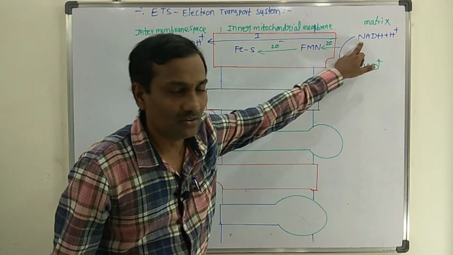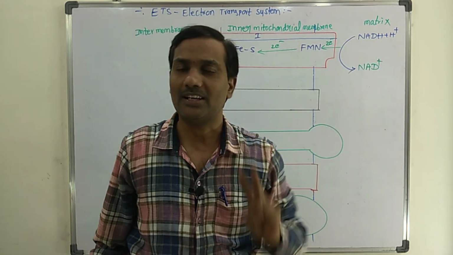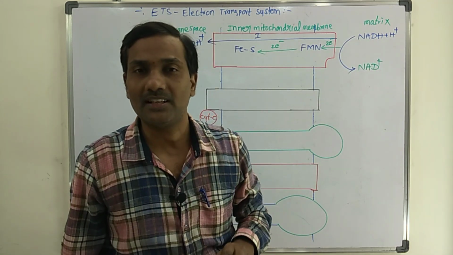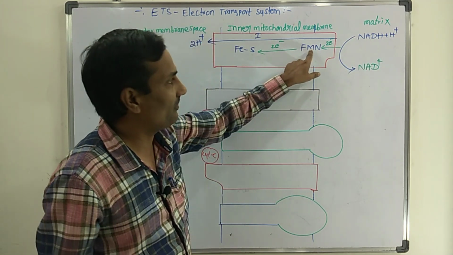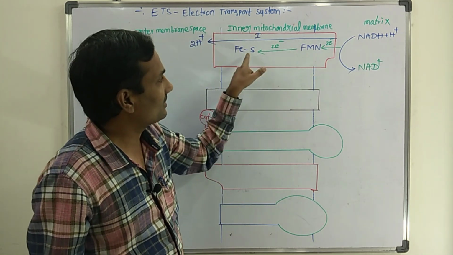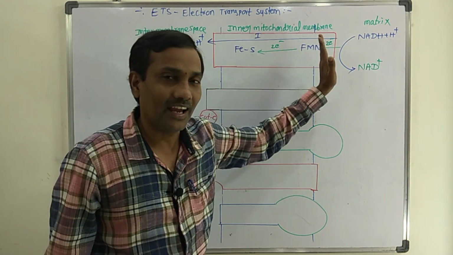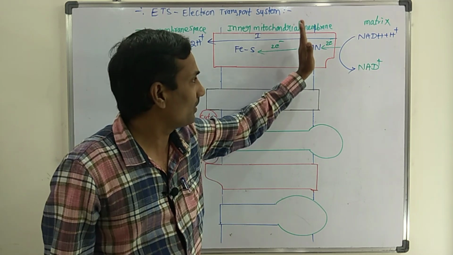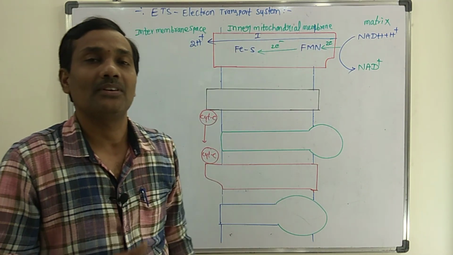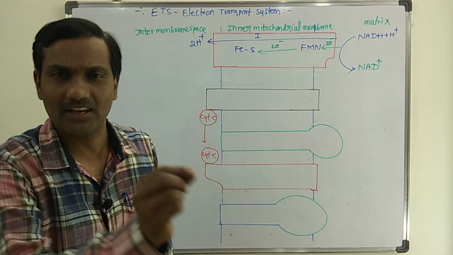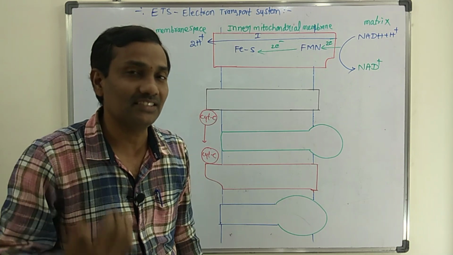Now here, because of oxidation of NADH H plus, what happens? 2 electrons are released, 2 protons are released. These electrons are accepted by FMN. These electrons transfer to iron sulfur protein. Whenever electrons move from one electron carrier to another electron carrier, energy is liberated.